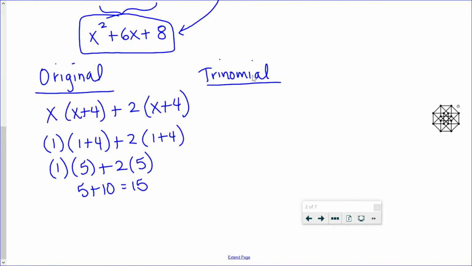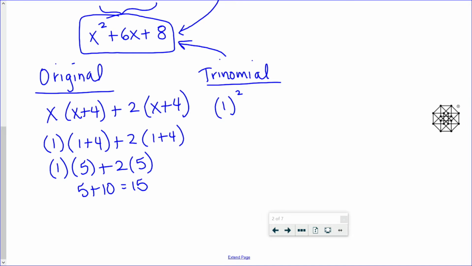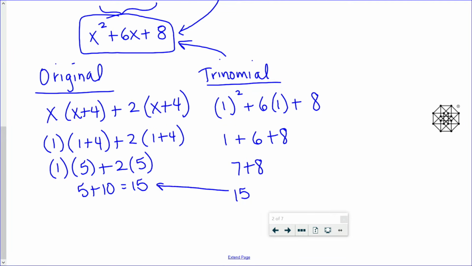So in the trinomial, I'm going to put 1 in for x. 1 squared plus 6 times 1 plus 8. 1 times 1 is 1. 6 times 1 is 6, plus 8. 1 plus 6 is 7, plus 8 is 15. Excellent.